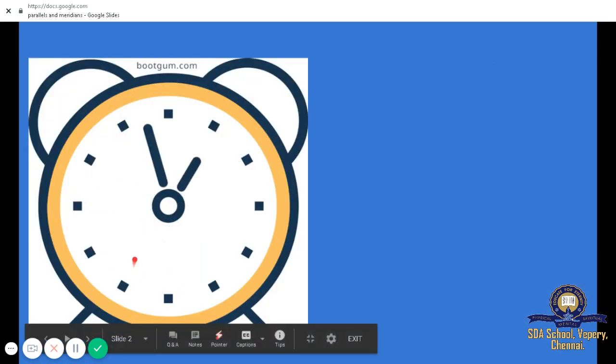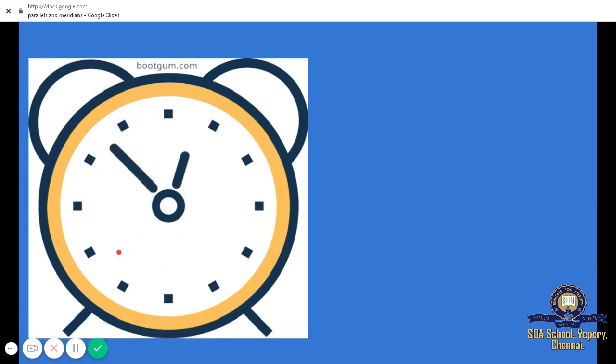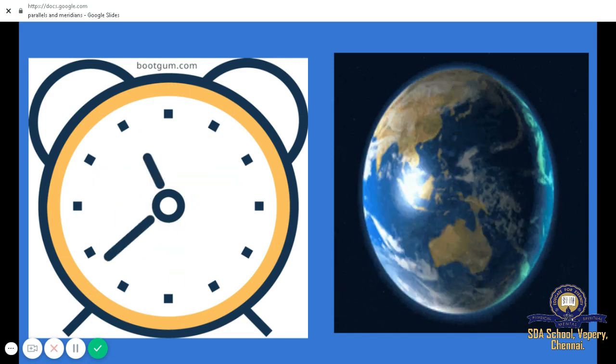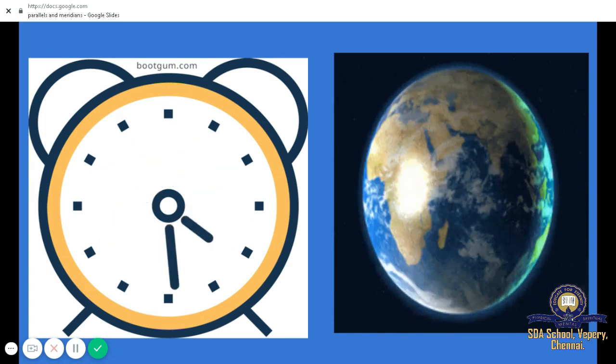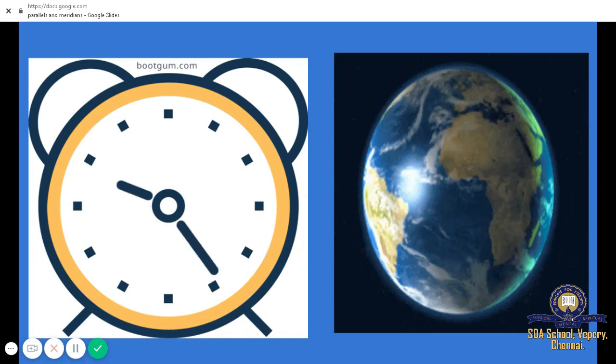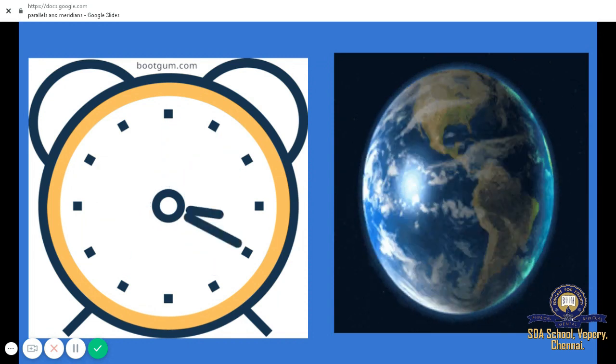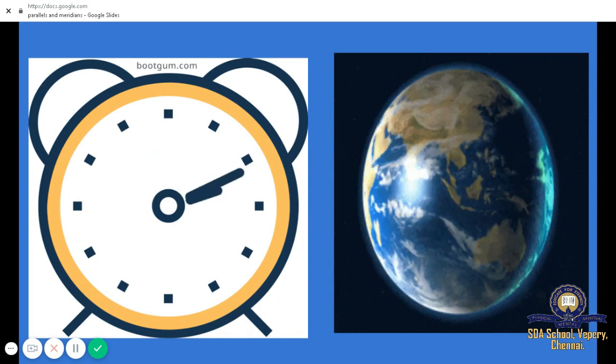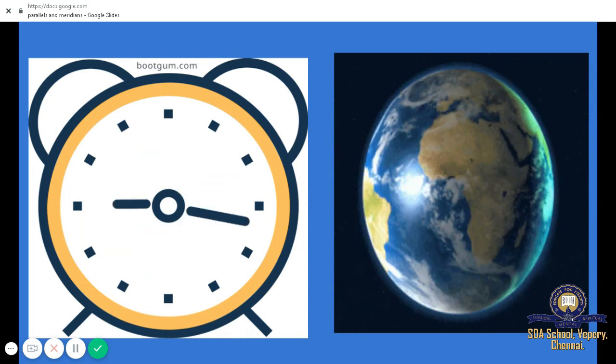Usually a clock rotates in this direction, right? This is called the clockwise direction. But our earth rotates in the anti-clockwise direction, that is opposite to the clockwise direction. It rotates from west to east on its own axis.